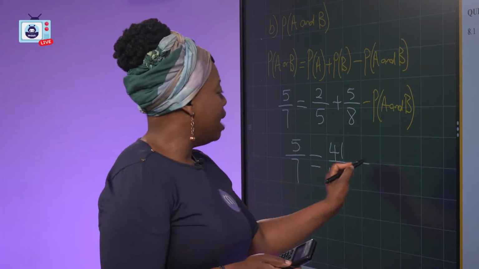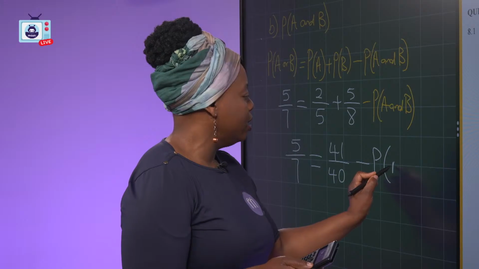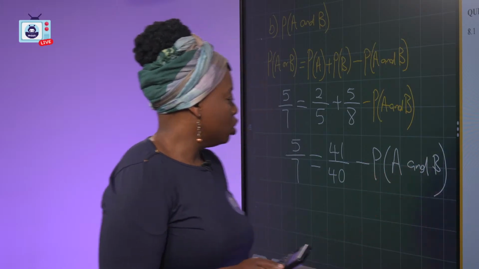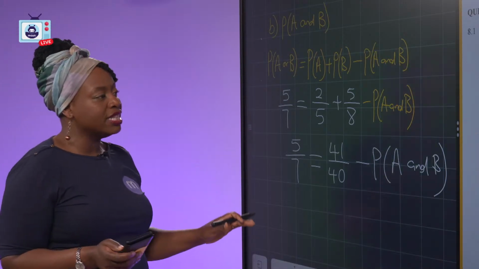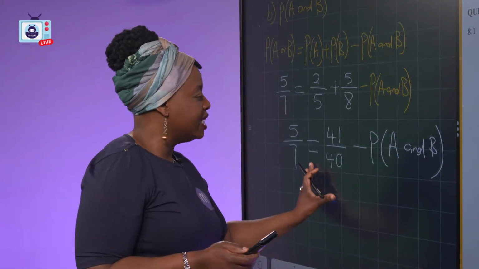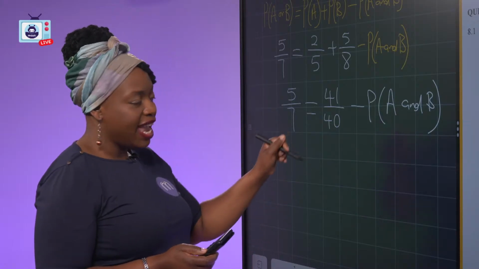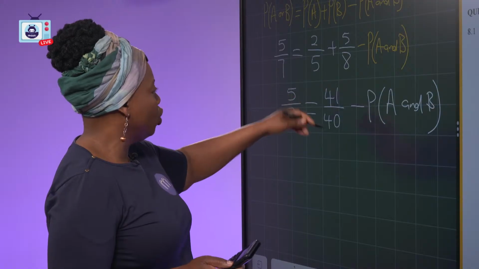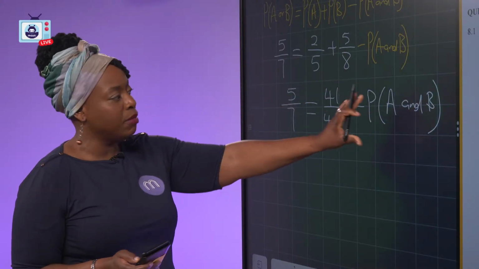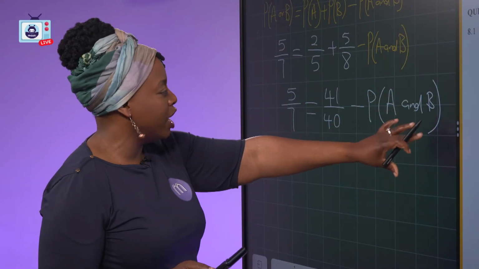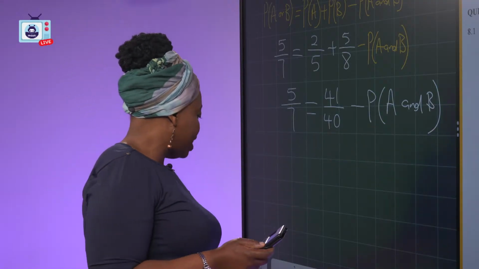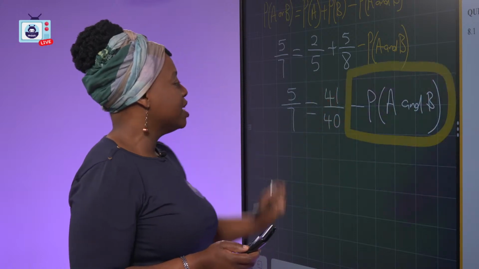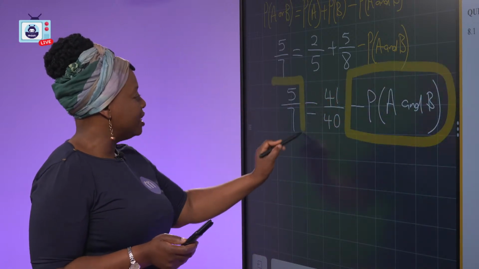And then we still have our probability of A and B. So we can work around that and get the probability of A and B by itself. We need to move this 2 to the other side, then we can remain with only the probability of A and B, or we can literally move the whole of this part to the left, and then we move this part to the right.